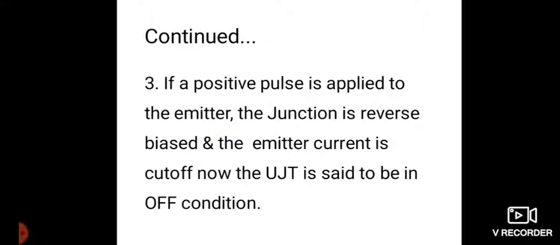Third, if a negative pulse is applied to the emitter, the junction is reverse biased and the emitter current is cut off. Now the UJT is said to be in the off condition. The operation of the UJT can be made clearer by this circuit diagram. Refer to this circuit diagram for that.